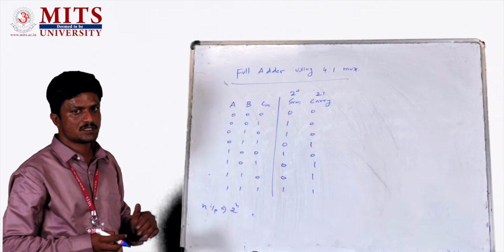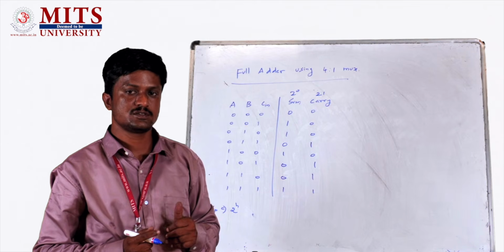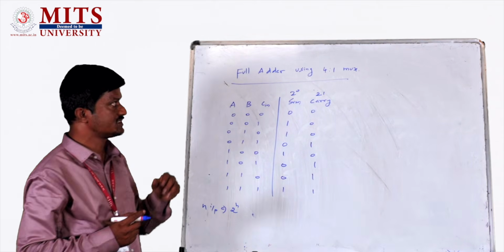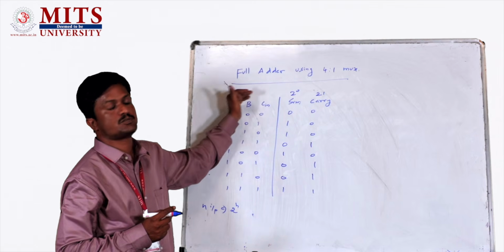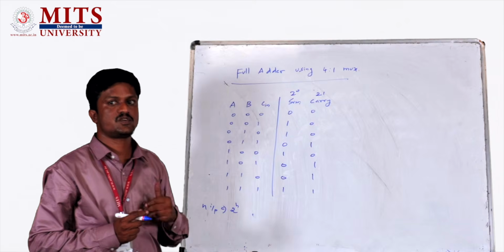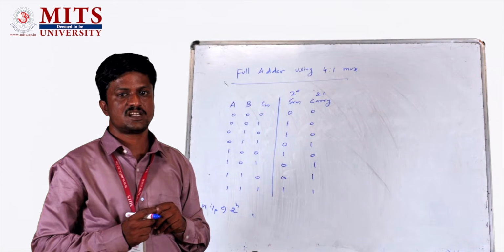Now the question is how to realize it using 4 is to 1 mux. Here the condition is not given, so you can choose any 2 of these 3 inputs as the selection lines. If a condition is given, then based on the condition you have to choose the selection lines.